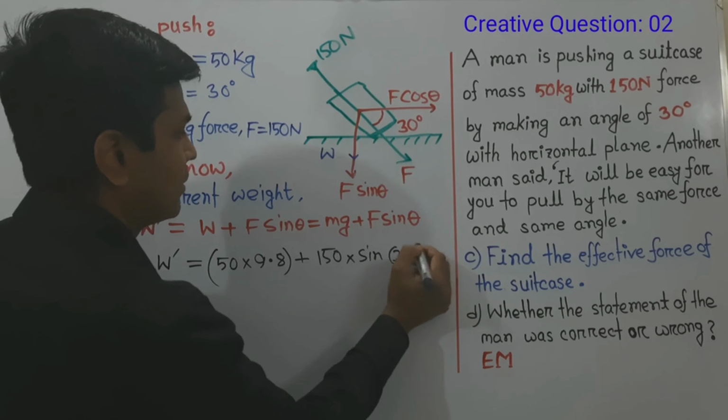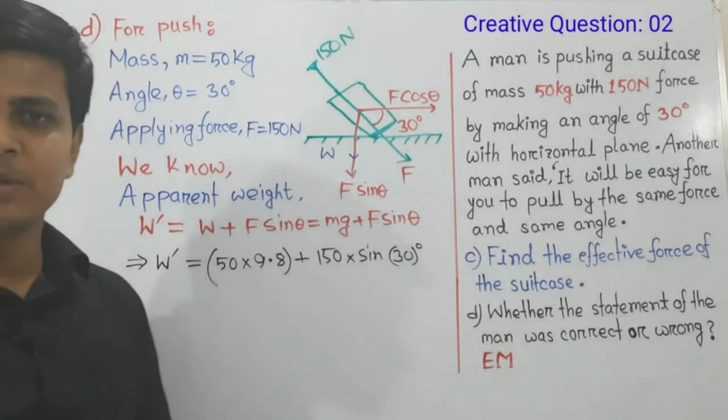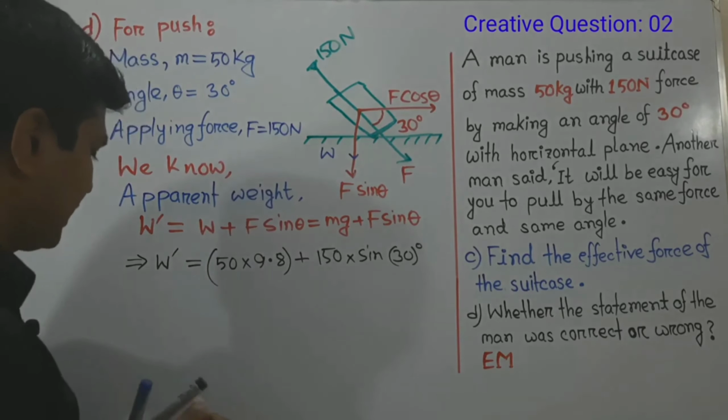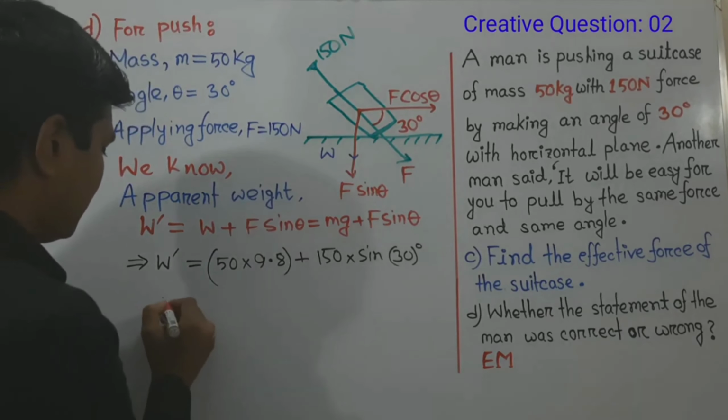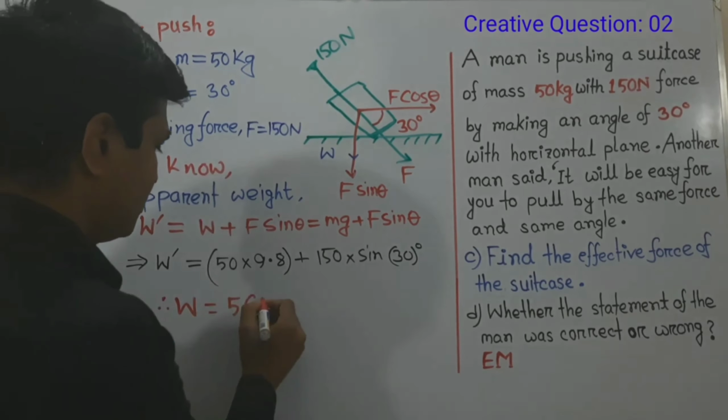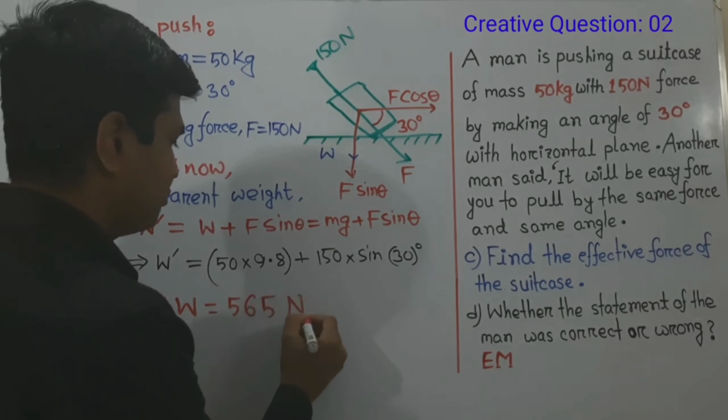And after calculation of that expression, we will get the apparent weight of the suitcase in case of pushing 5 Newton.